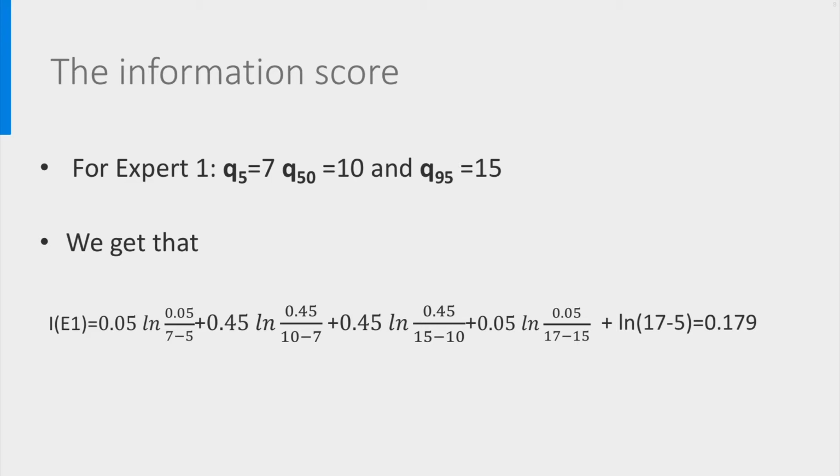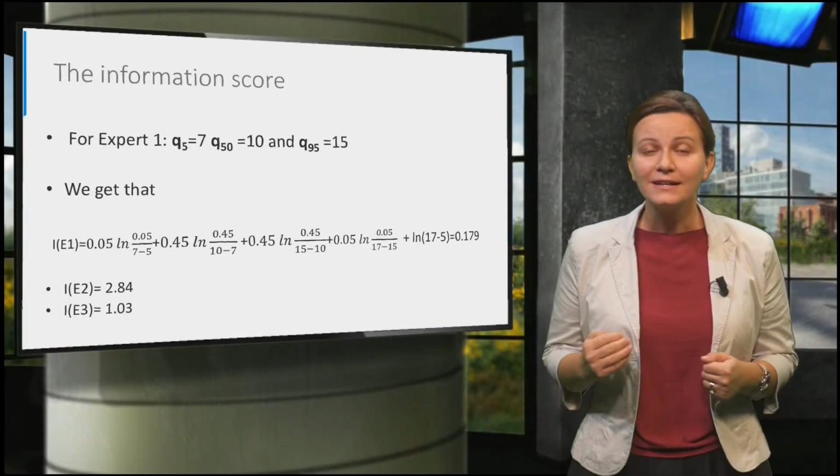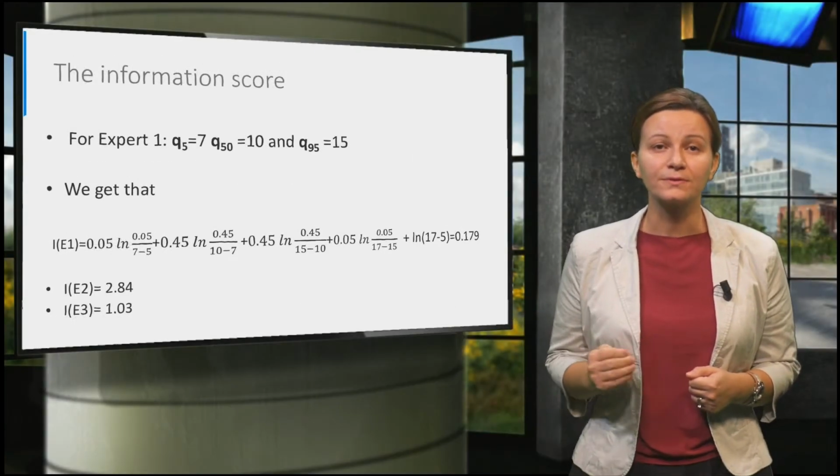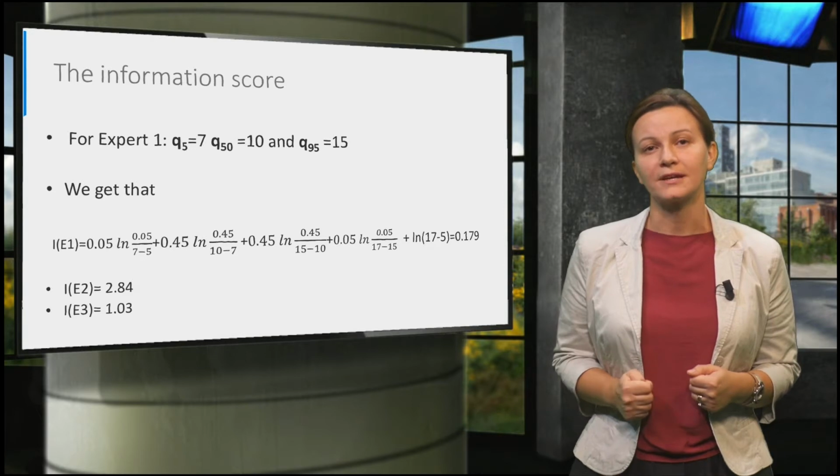By plugging these values in the formula, we get that the information score, rounded to the 3rd decimal, is 0.179. Similarly, by applying the formula with expert 2 quantiles, we get an information score of 2.84. Finally, the information score of expert 3 is 1.03.